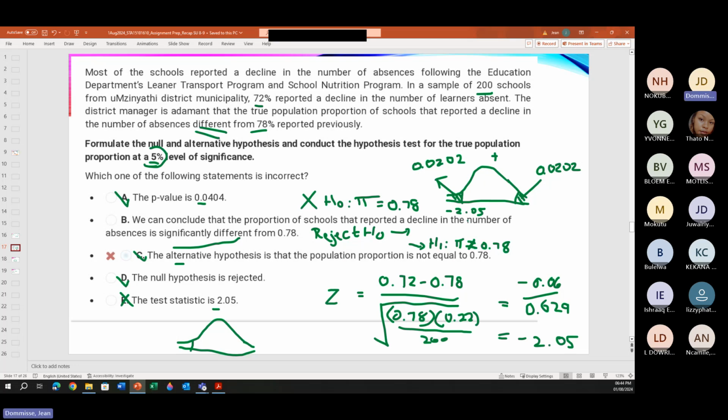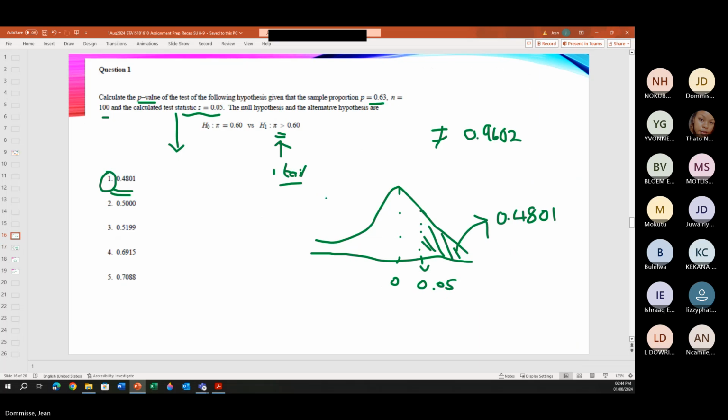If it was this other one that was true, then we would have said that our alternative hypothesis tells us that the population proportion is bigger than 0.6.